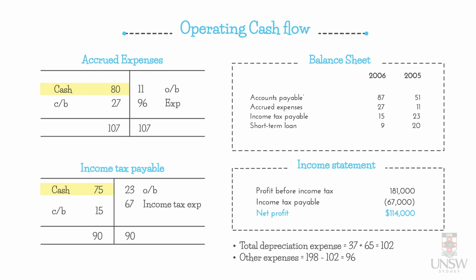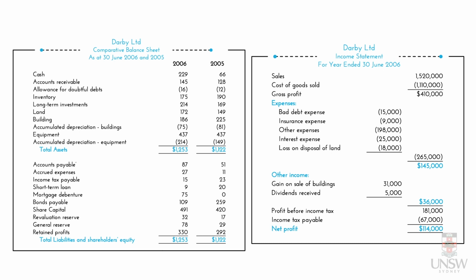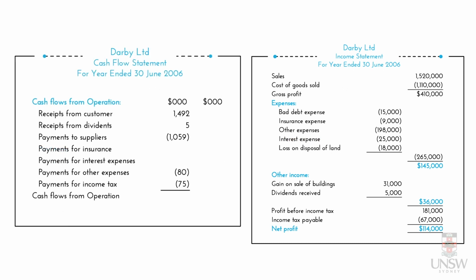So we can also have a look, do we have any expenses that do not have a matching accrual account on the balance sheet? So we can have a look, and there's no interest expense. There's no prepaid interest, no interest payable. So that means interest expense is going to go straight to the operating cash flow section.